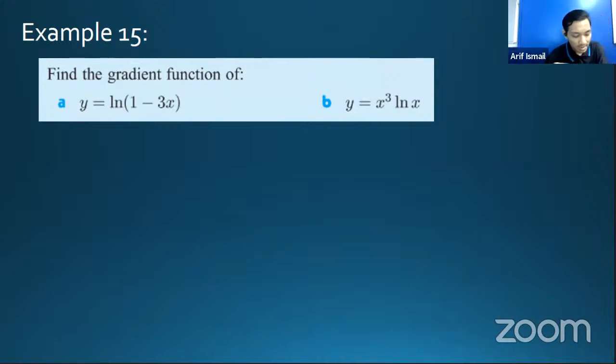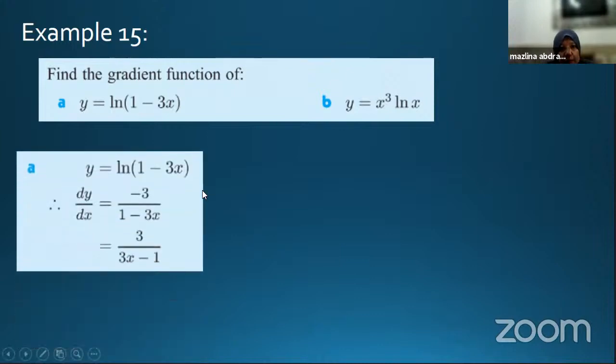Teacher, for B, is it 3x squared ln x plus x squared? Yes, 3x squared ln x plus x squared. Or you factorize the x squared: x squared bracket 3 ln x plus 1. Yes, very good. Okay, so that is the answer.